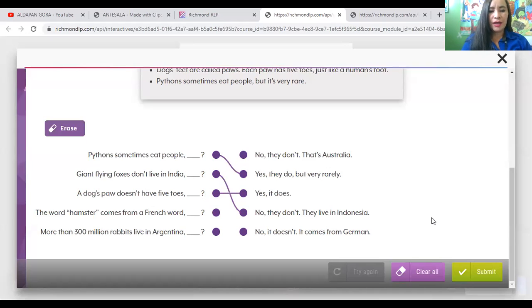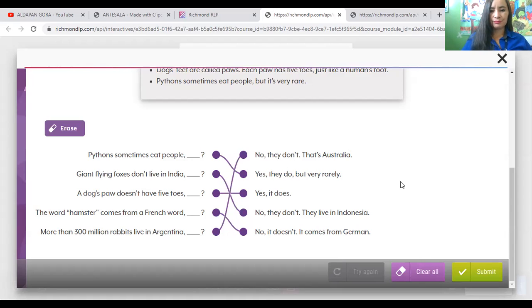No, it doesn't. It comes from German. Very good. And the last, more than 300 million rabbits live in Argentina. No, they don't. That's Australia.